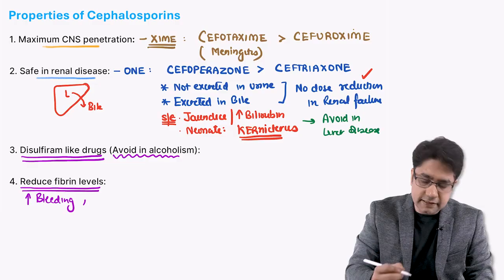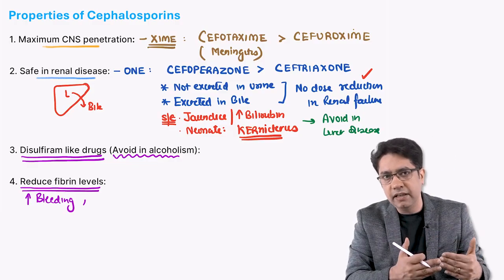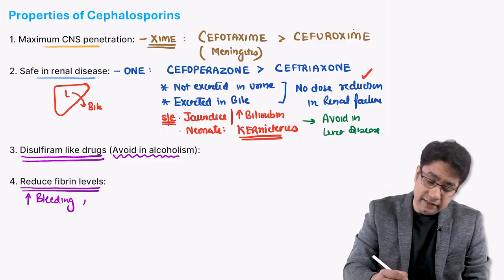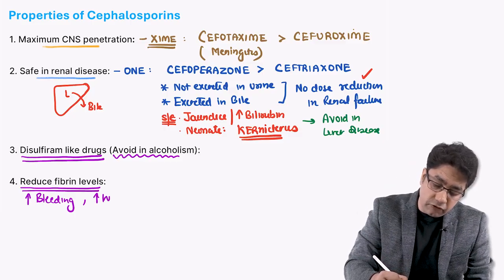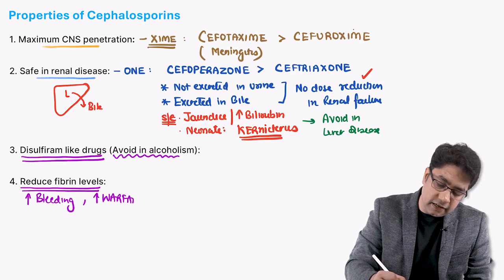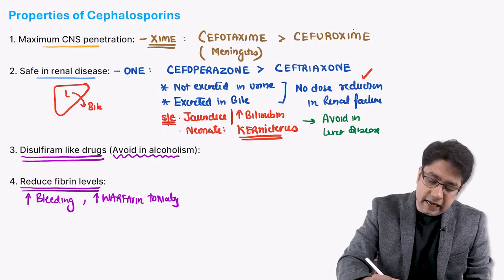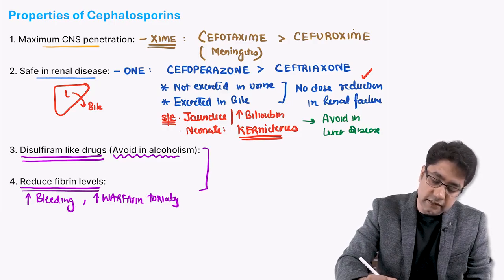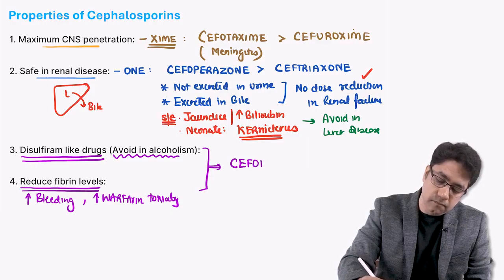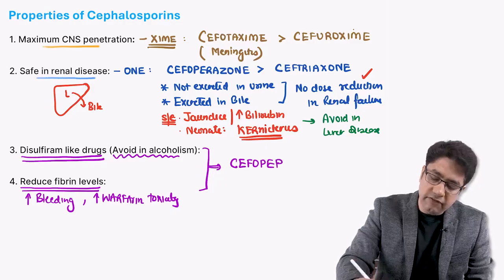And there is a similar drug which also reduces fibrin level and can cause bleeding. That is warfarin. So warfarin toxicity will increase, the risk of bleeding with warfarin will increase. So again, in this case, both cases, the answer is cefoperazone. So don't you think we have written cefoperazone above also?